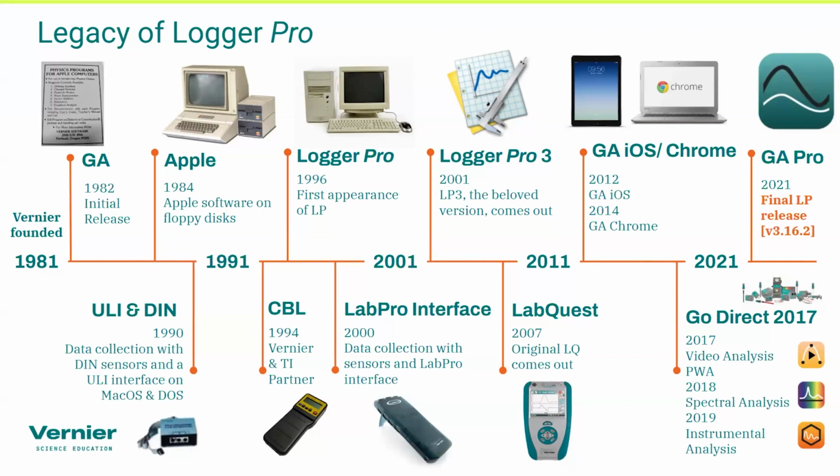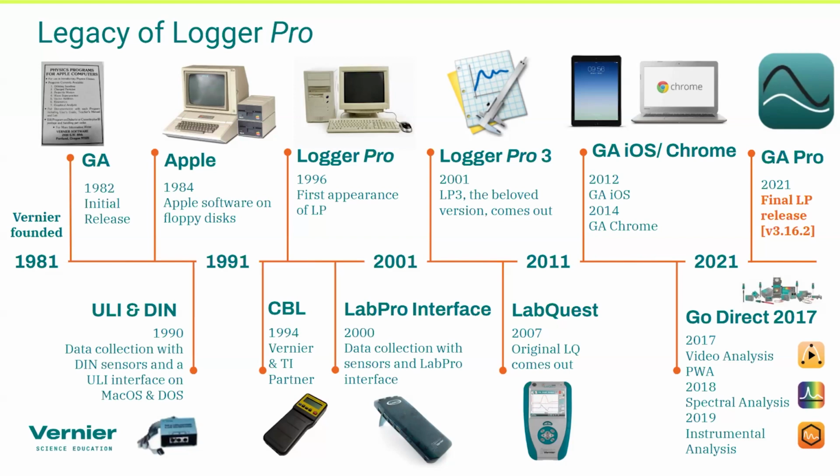But shortly after that, iPads were kind of taken over by the trend to go towards Chromebooks. Everyone was looking for one-to-one computing, and everyone was looking for a much cheaper version of a computer that they could run. So in 2014, we started developing, in parallel to Graphical Analysis for iOS, a Graphical Analysis app for Chrome.